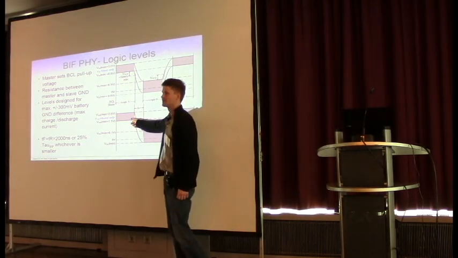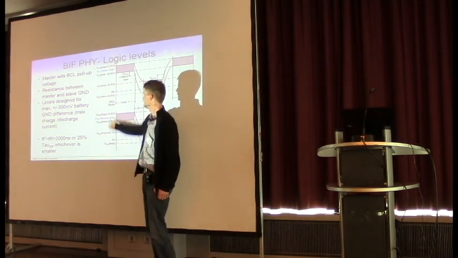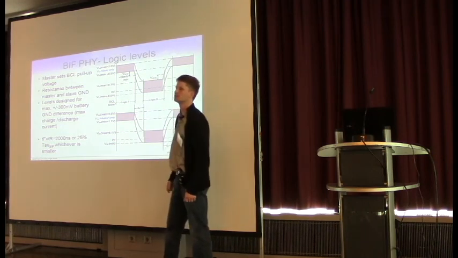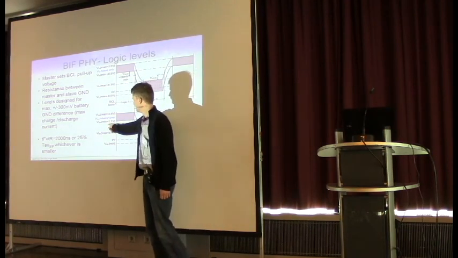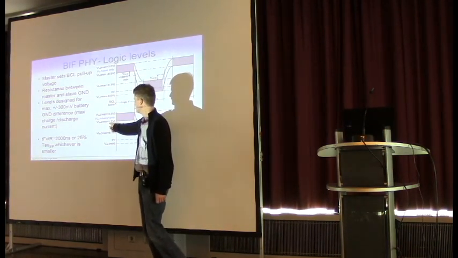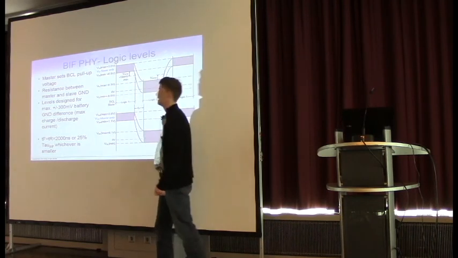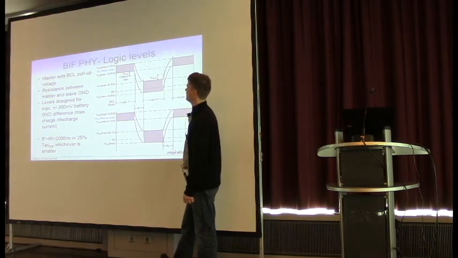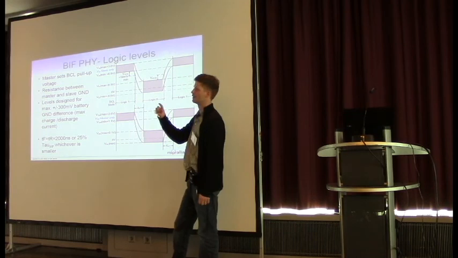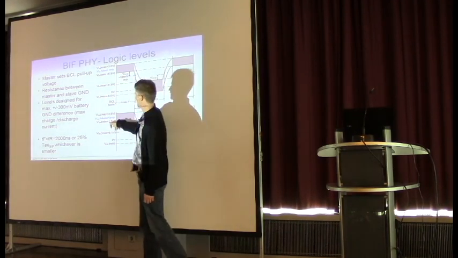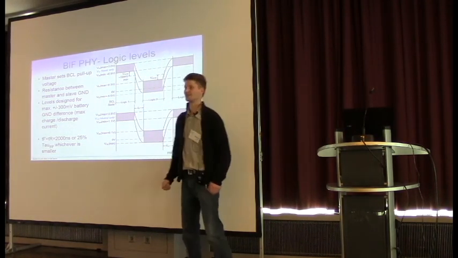And on the master side, the pull-up voltage would be 2.8 volts maximum, and the minimum VOH would be 1.1 volts. So we have 200 millivolts between 0.9 and 1.1, and that's for a reason.